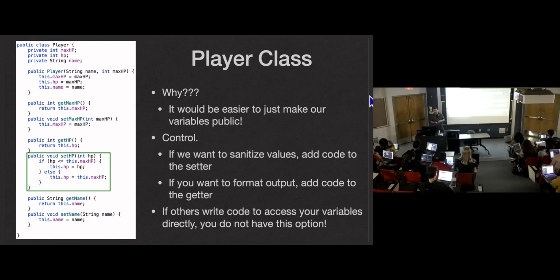In C#, you'll never see this, because they have ways to add the getters and setters after the fact, and the code that somebody else writes is still going to say P1.HP equals whatever. Unbeknownst to them, it's calling a setter instead of being a direct variable assignment, because we can add that setter after the fact like that using the same notation. So we don't worry about it in some languages. Java doesn't have any fancy fix like that. So in Java, we're still stuck with getters and setters and private instance variables.